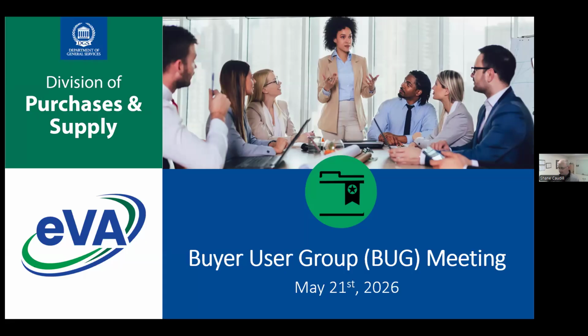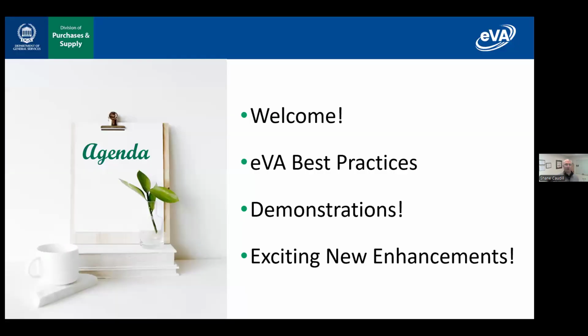Staying on that theme, I've made kind of a point with the user group. For those of you that have been with us for a few years, we have been through all sorts of iterations of this, and we've been trying to do our best to be demo centric, not just to lecture at you about the roadmap or things that are coming, but to really dig in and show you some things in eVA.